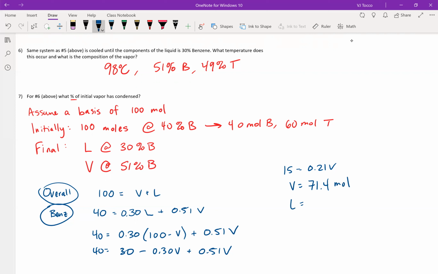Therefore, my liquid must be the other 28.6 moles. So again, what percent of the initial vapor has condensed? Percent of the initial vapor that has condensed is going to be L divided by 100, or equal to 28.6% of initial vapor condensed.